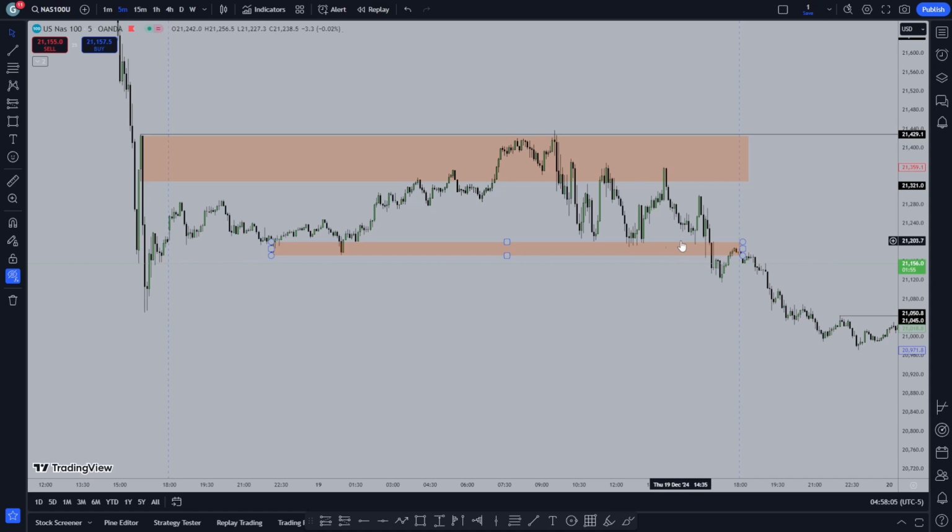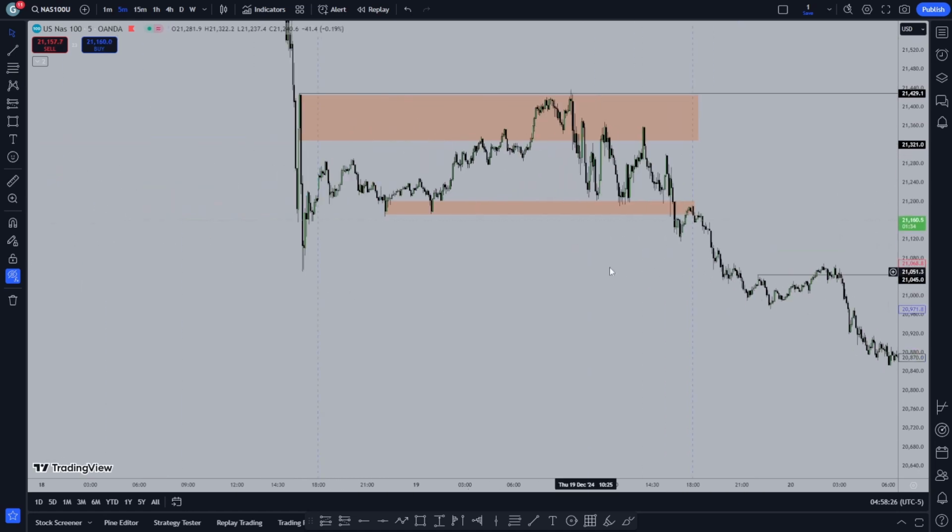And then people took a buy over here, thinking the market will go up and take this high, because they think the market is creating some sort of market structure shift. But we have taken a sell from here, so what happens after that? Market went down and took these two lows, and on the next day it goes down and takes this low also. And now let's go to another example.